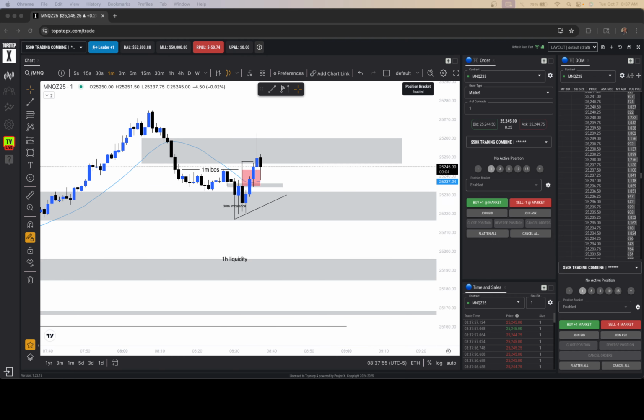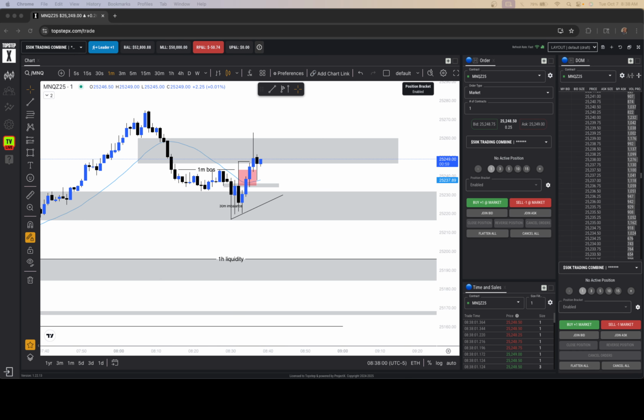So right now it does look like we have interesting SMT at the highs. There's this is higher. Actually, no, I don't think there's an SMT. There's no SMT, no SMT.